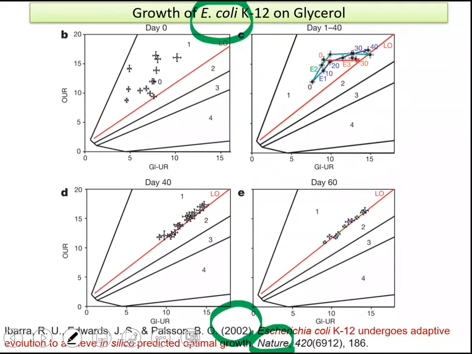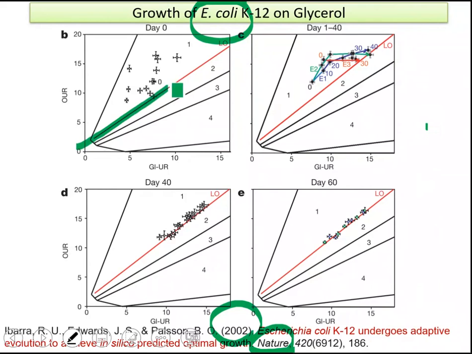They used glycerol to grow Escherichia coli. So glycerol is not an optimum substrate for E. coli. Don't focus too much on the lines in this graph, I won't go into details so as not to make it complicated.